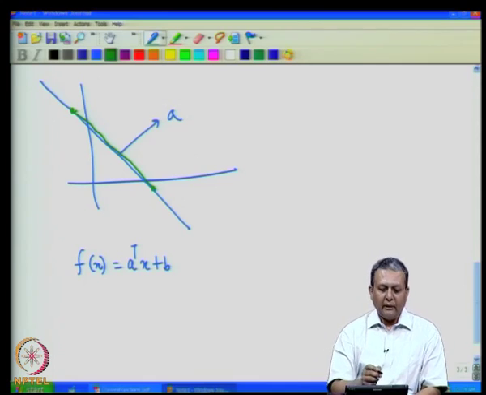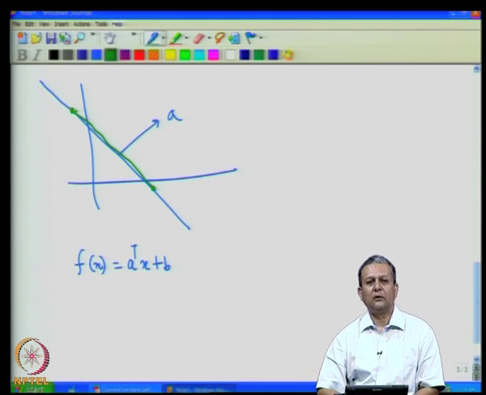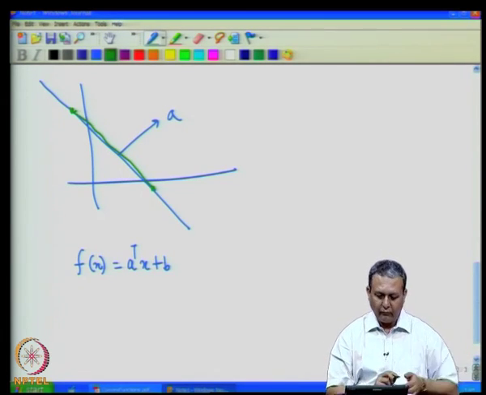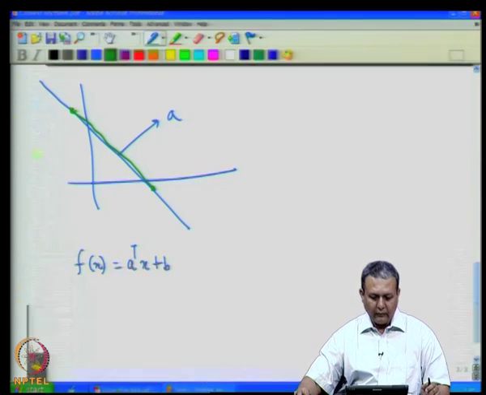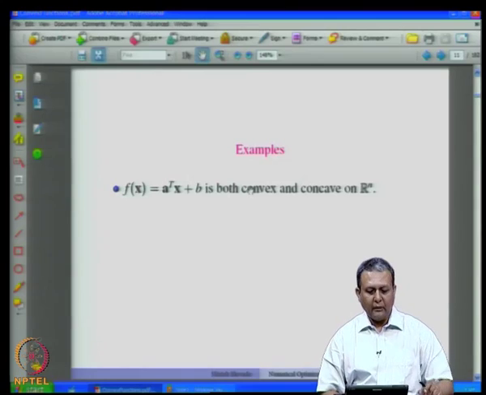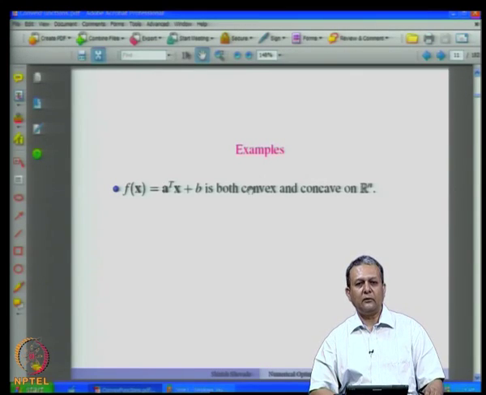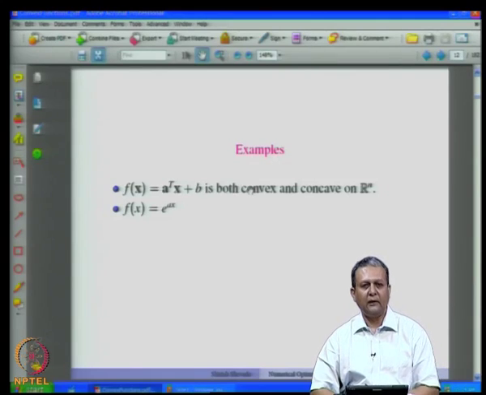So, in fact, the affine function is the only function which is both convex and concave on Rn.